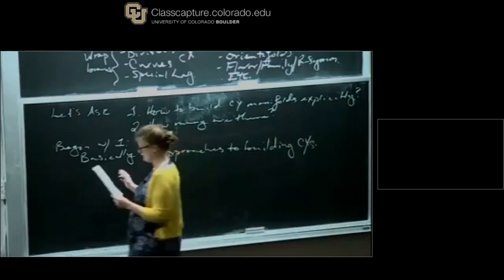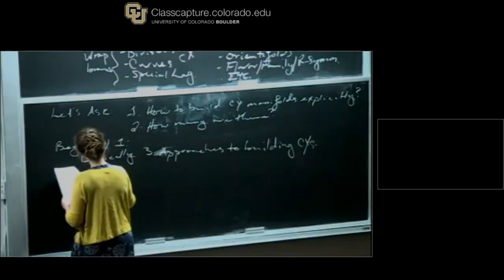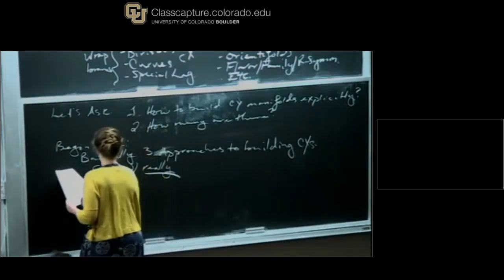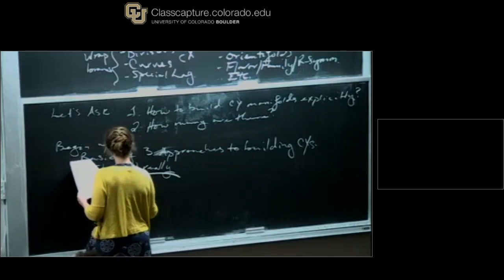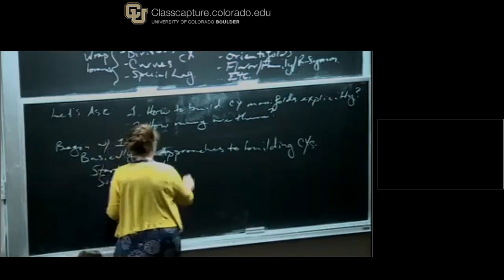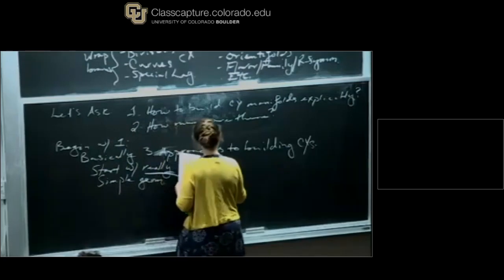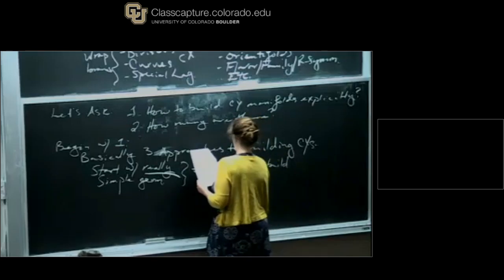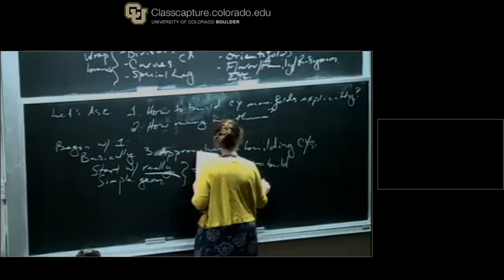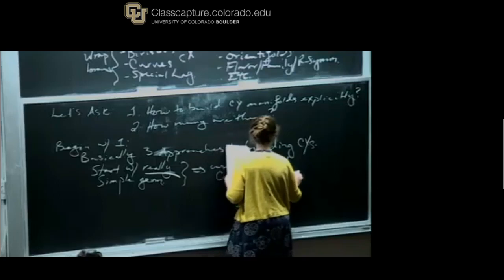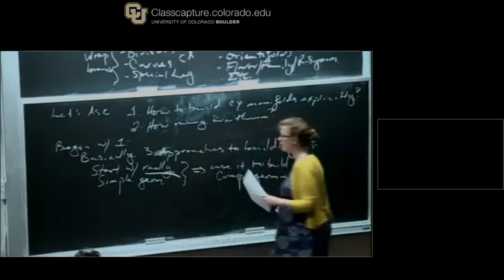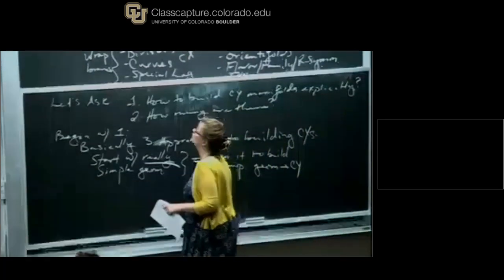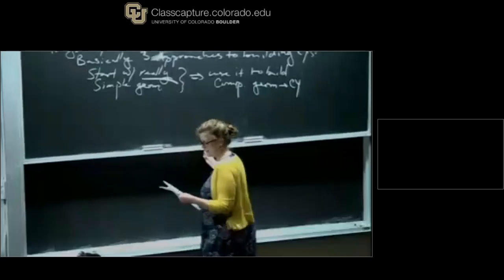The basic idea is to start with really simple geometry and then use it to build complicated geometry, i.e. the Calabi-Yau. The three types here are three ways of taking simple and making it complicated. So let us go through those approaches.